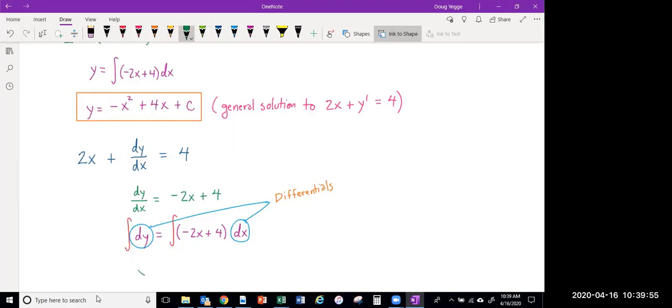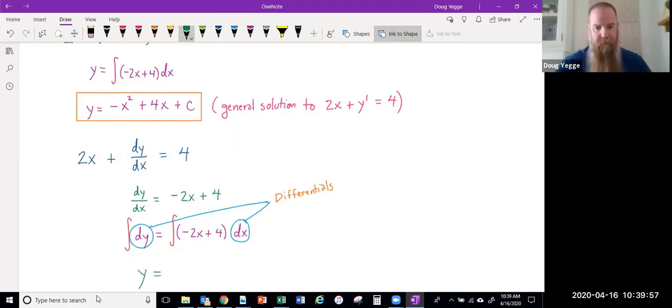Y. And look at what we're about to have, the answer. So notice that all we're trying to do here is integrate, or determine what the function is that makes this differential equation true. And so when I separated the y's and x's and integrated, I now get y is equal to the integral of negative 2x plus the integral of 4 plus c, and sure enough, that's our solution.